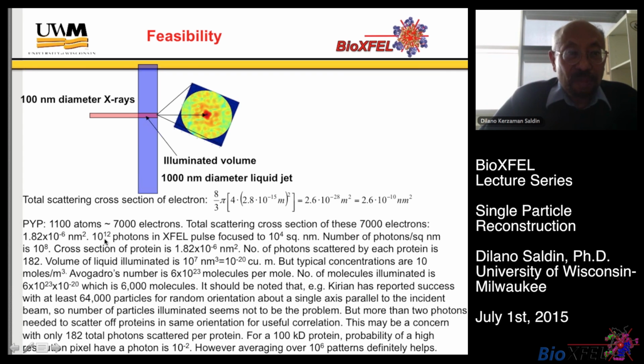Now, a typical XFEL pulse contains 10 to the 12 photons, but these are focused down to about 10 to the 4 square nanometers. So the number of photons per square nanometer is about 10 to the 8.